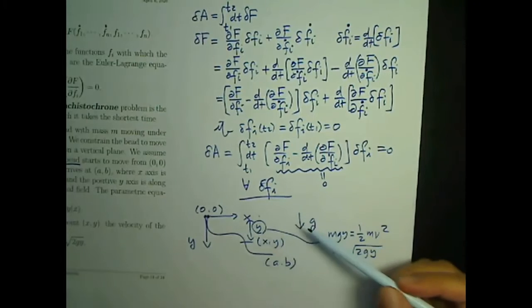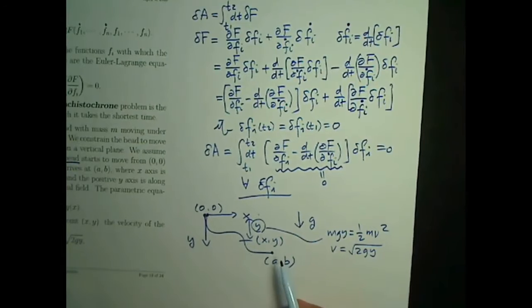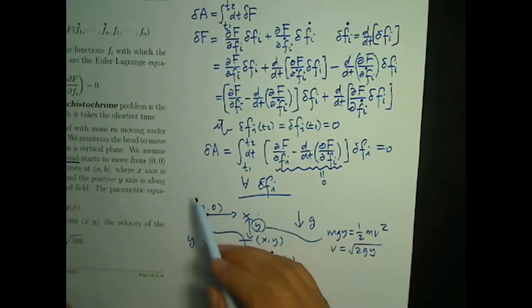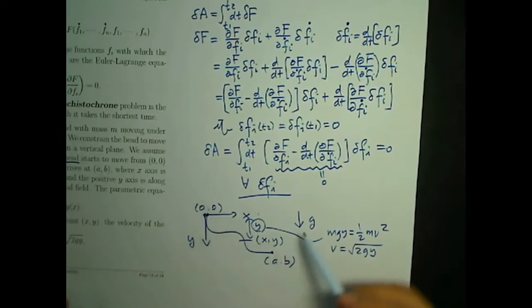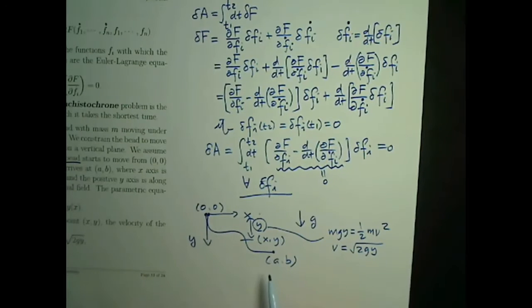There is a gravitational field, and this is a starting point, and this is the ending point, AB, and we don't know what the shortest path for the time is. The shortest path explicitly is just a direct straight line, but under gravity it is accelerating. And what we want to find is the minimum time to arrive at this point.